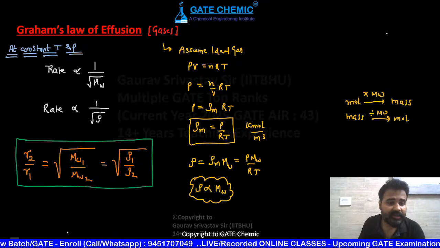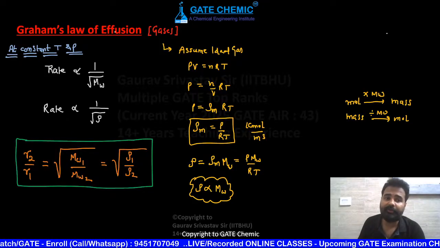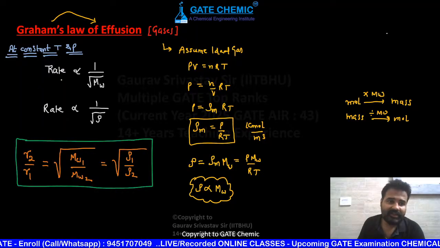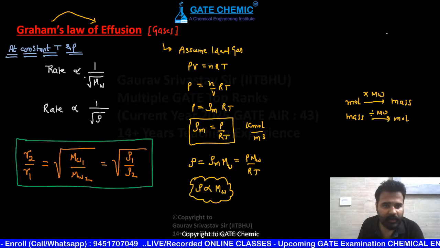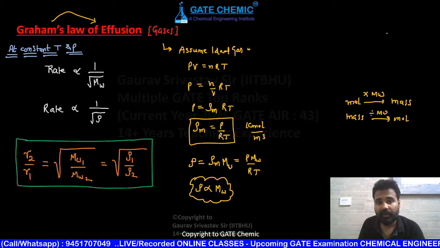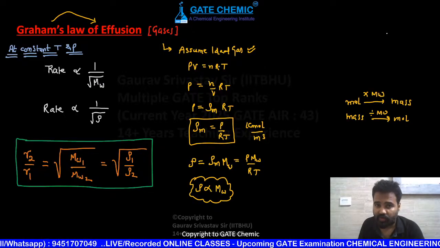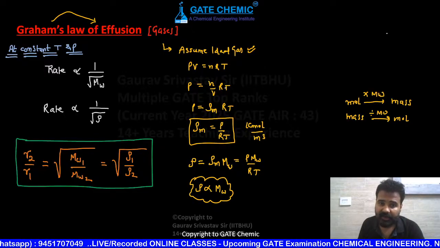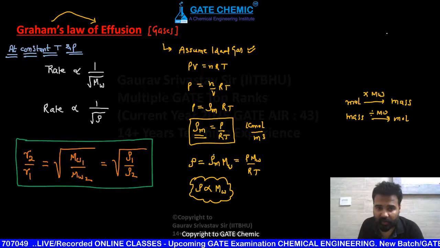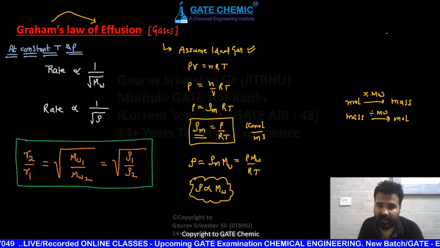Next topic is there, that is Graham's law of diffusion. Only the important thing here, that is rate is proportional to 1 by root of molecular weight. And you know, when you are assuming ideal gas, P equals nRT, P equals n by V RT, P equals rho_m RT, rho_m equals P by RT. So my dear students, clearly here you can see, if we want to write rho_m, so what is rho_m? Rho_m is rho by M average.